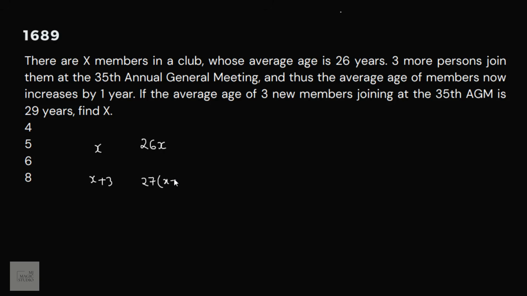Total becomes 27 into (x plus 3). The average age of the 3 new members is 29, so their total age is 29 into 3. It's simple: 26x plus 29 into 3, that is 87.